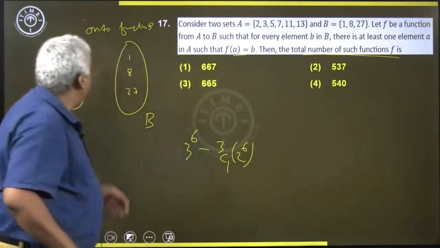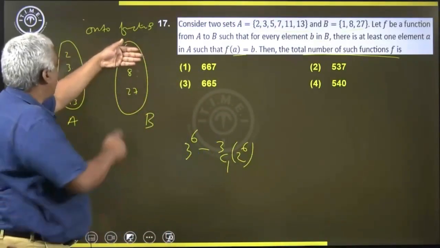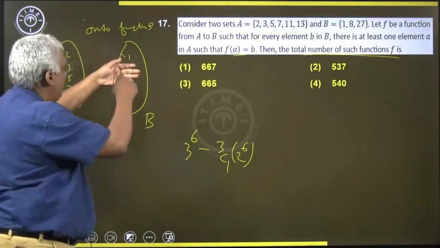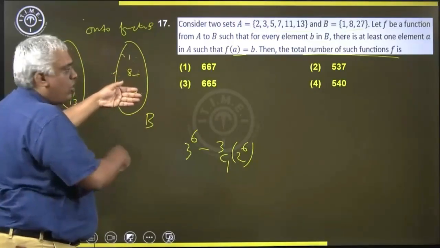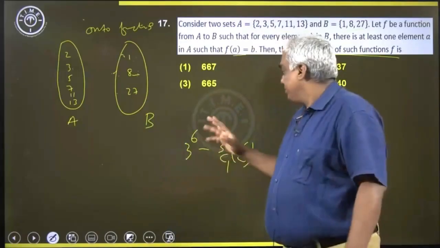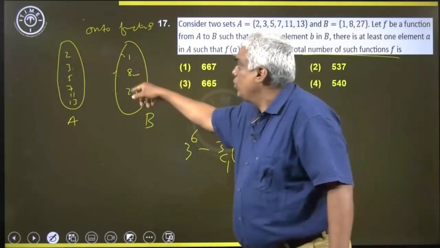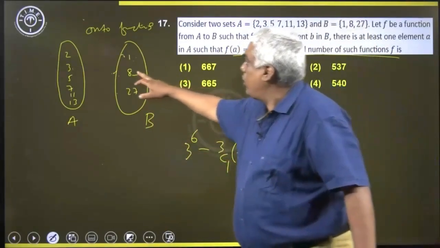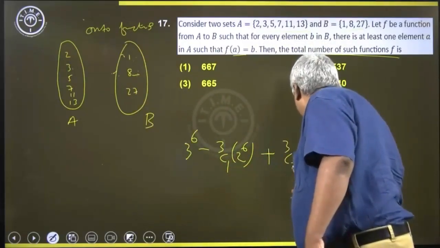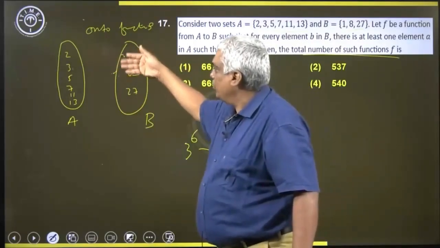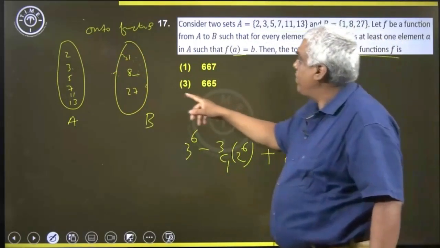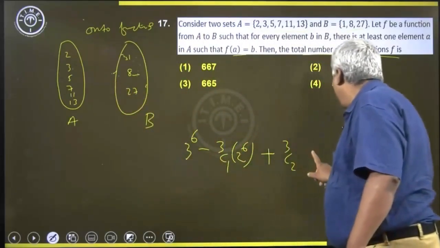In this case, one is blank and all are mapped to the other two. There are 3 such cases: 3 into 2 to the power 6. But in this count we also get cases where 2 are not mapped, which is included twice. So we add 3C2: any 2 are not mapped, so all will be mapped to only one element, giving 1 to the power 6.